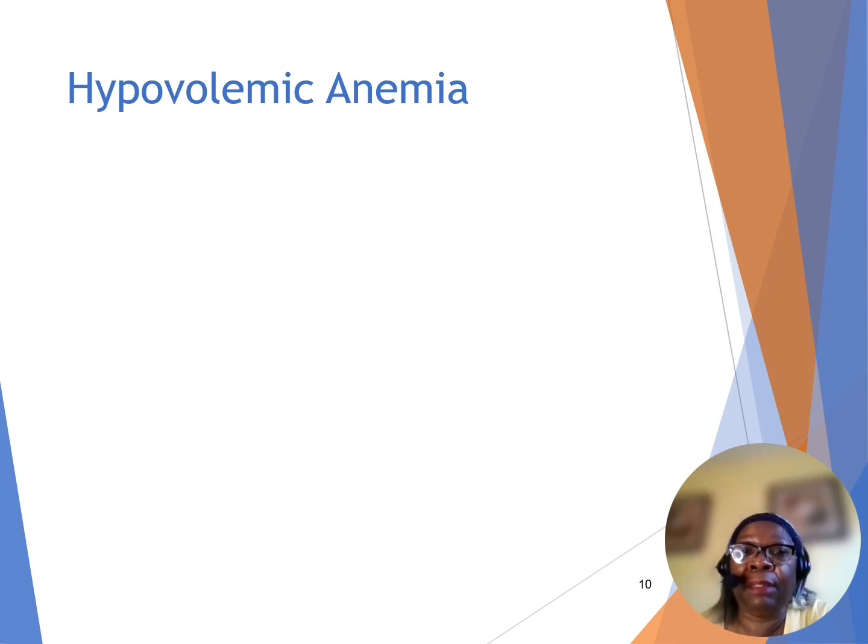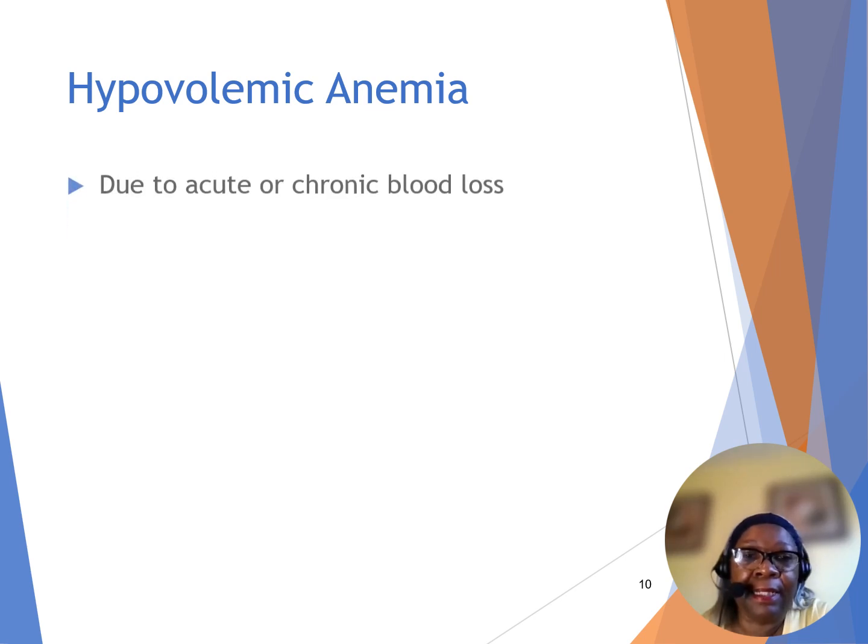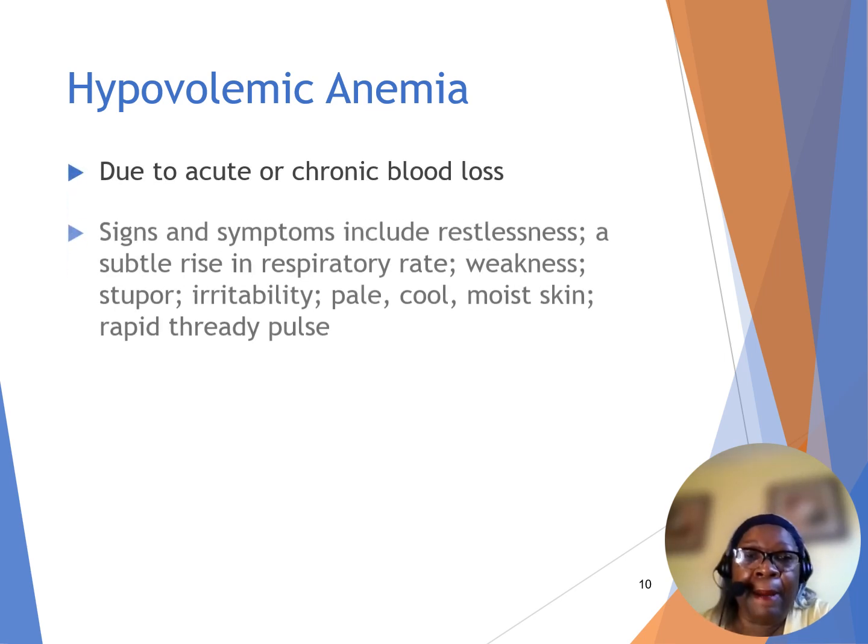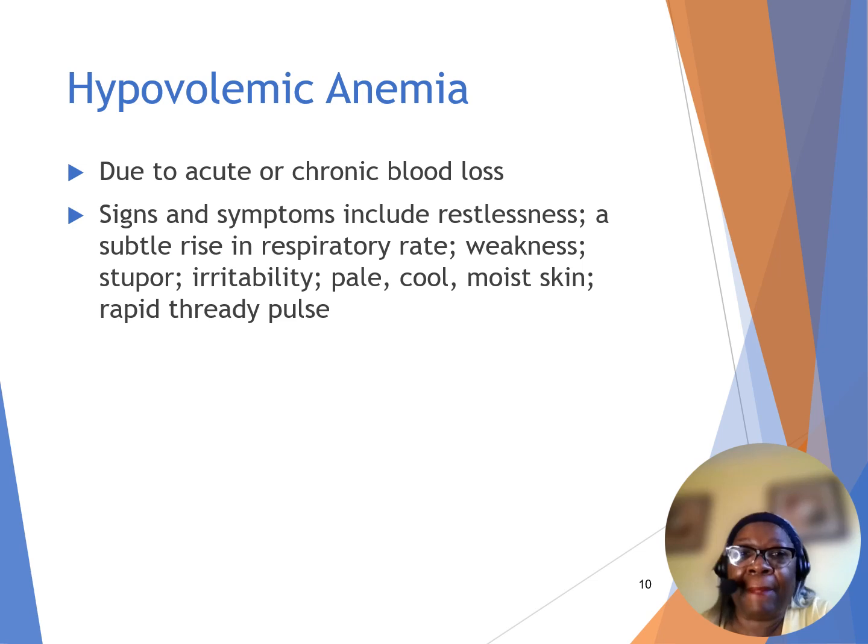A decrease in blood volume will affect the heart rate and the blood pressure. In what way? Okay, I'm gonna give you a second. Let's look at this. Signs and symptoms.